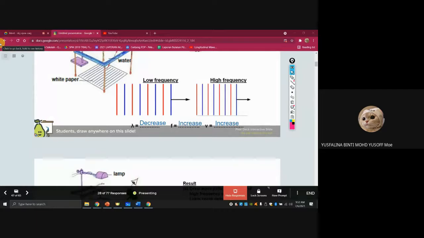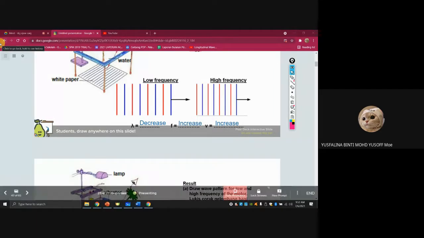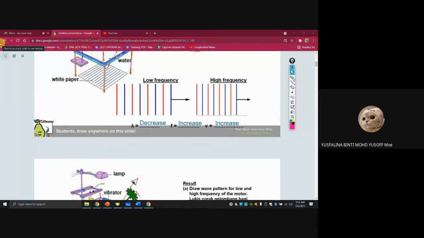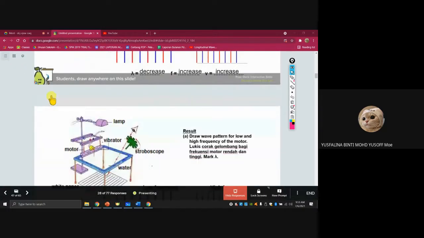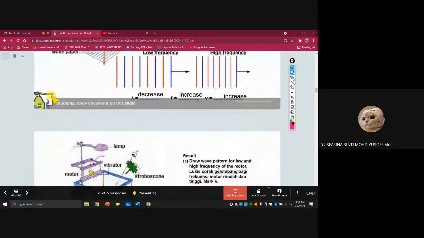So what will happen to the velocity? Increase, increase.